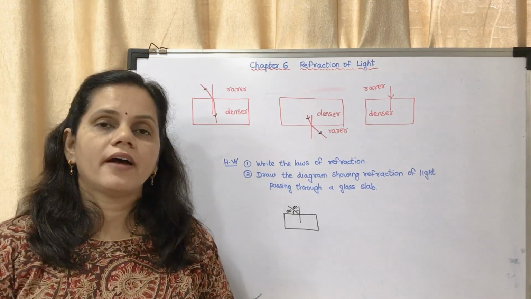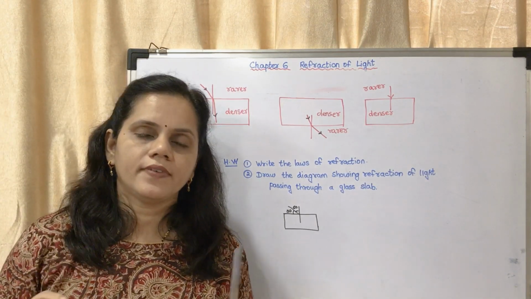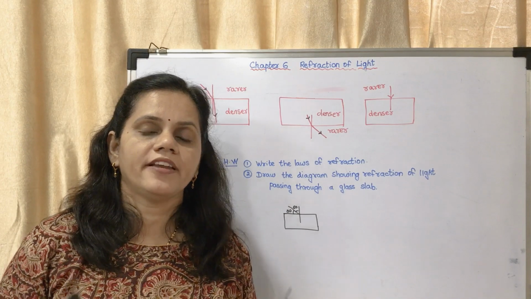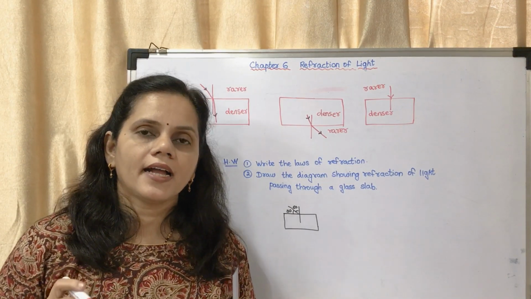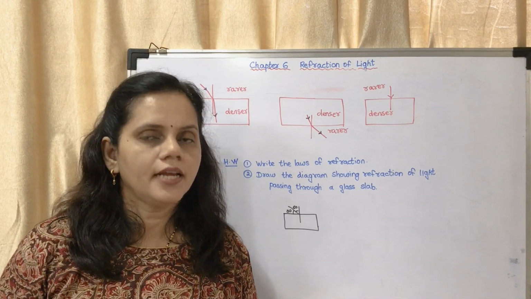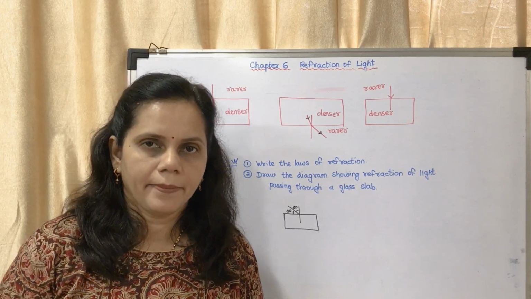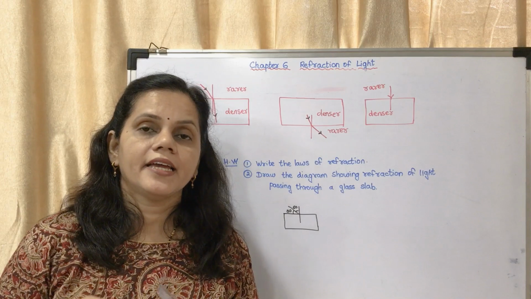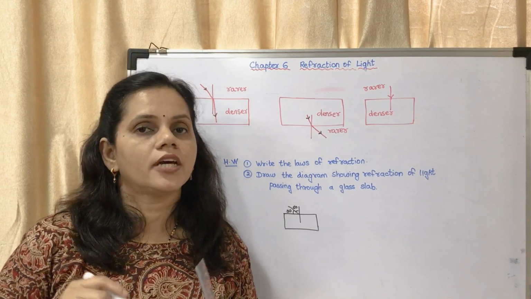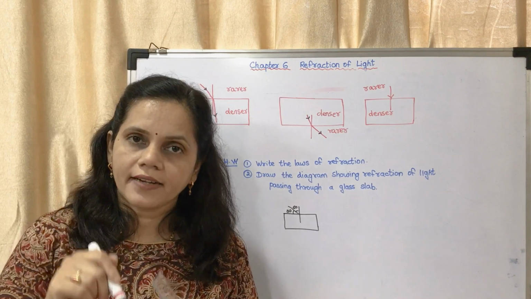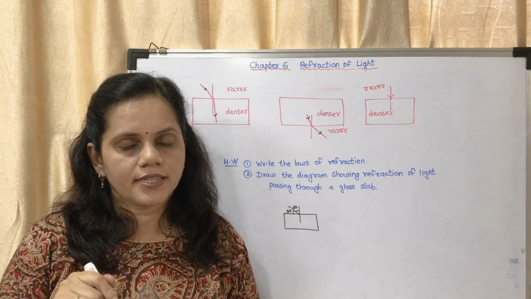So you have to note what has been given in the question. This question is very frequently asked. If they give in the question the angle made by the incident ray to the normal, you have to take that value itself as the angle of incidence.